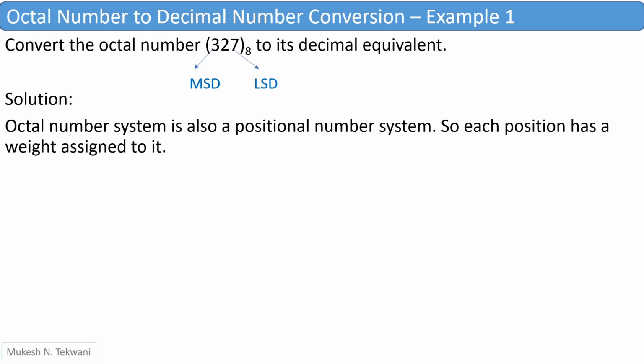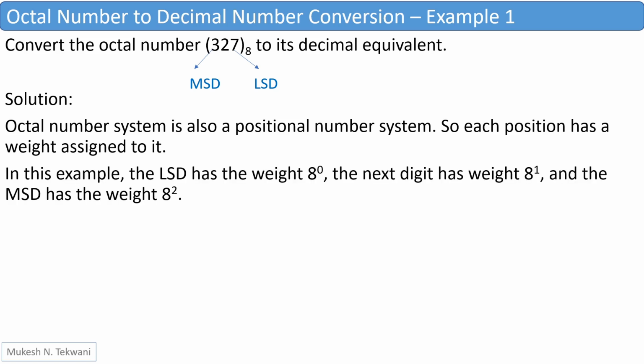The digit 3 in this example is the most significant digit and it will have the highest weight assigned to it. So the LSD in this example has the weight 8 raised to 0. The next digit has the weight 8 raised to 1 and the most significant digit has the weight 8 raised to 2. Now we have taken here 8 because the base of this number system is 8.